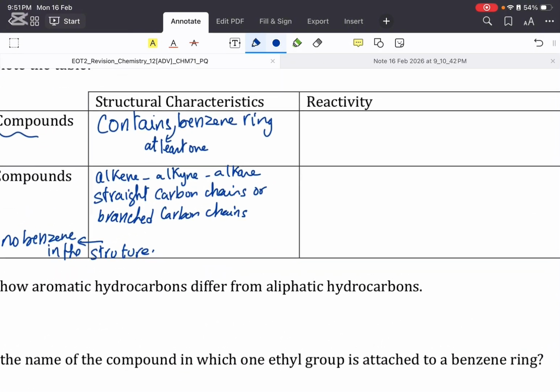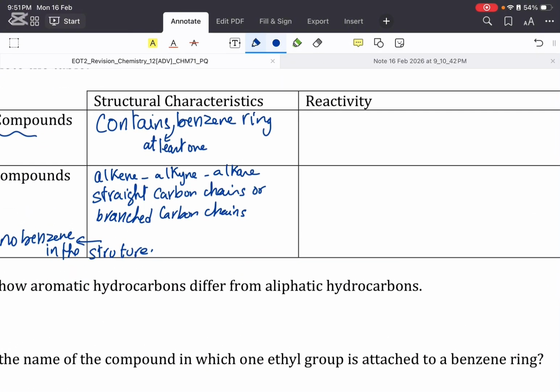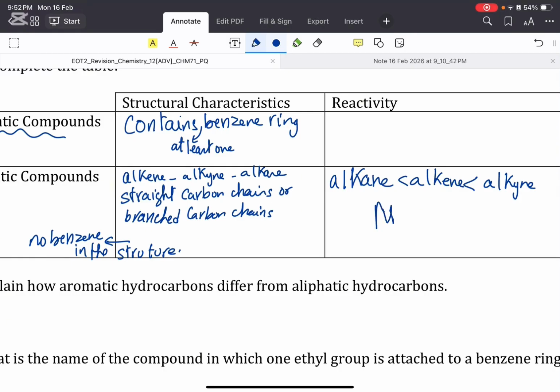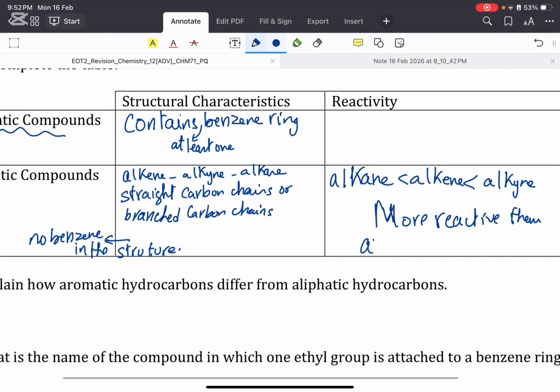Now, what about the reactivity? In general, hydrocarbons are reactive, and alkanes are the least reactive. Alkenes are a bit more reactive. Alkynes are more and more reactive. So these are more reactive than aromatic.